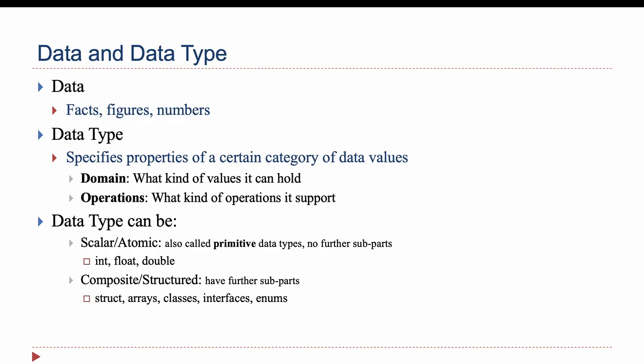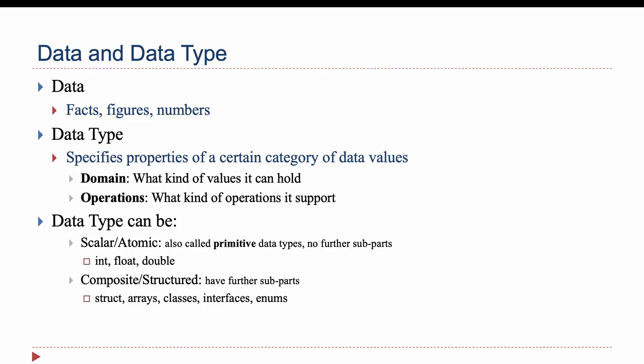There are two main types of data types: scalar or atomic, and composite or structured. Scalar data types are also called primitive data types, and they have no further subparts. Examples of scalar data types include integers, floats, and doubles.